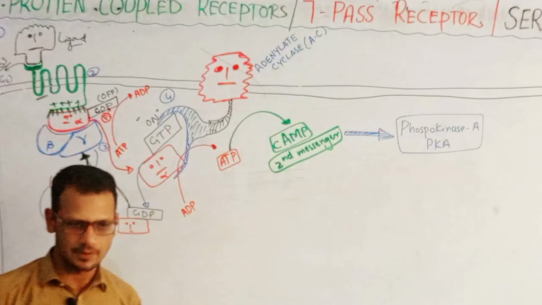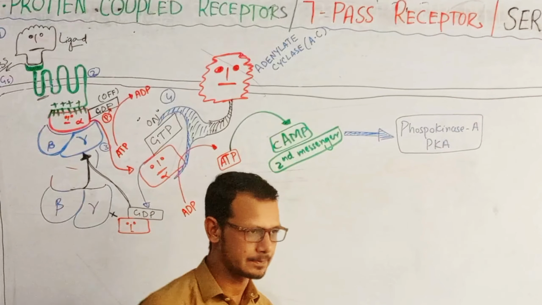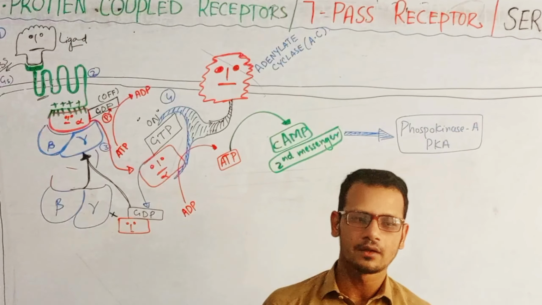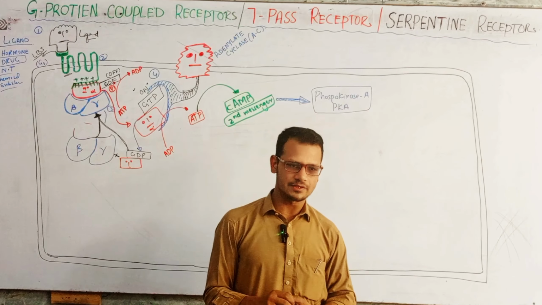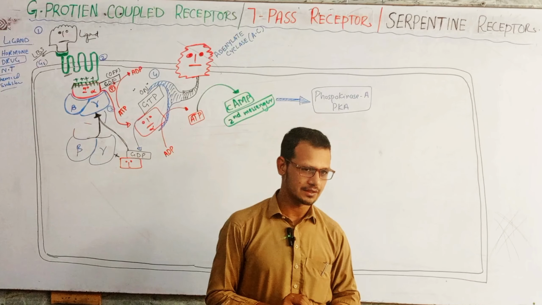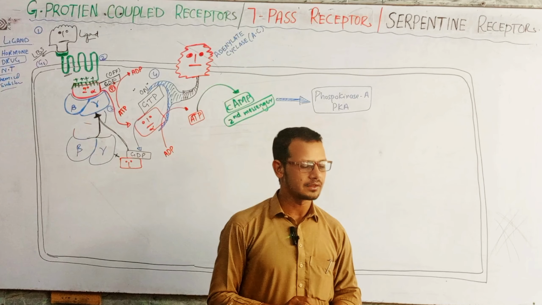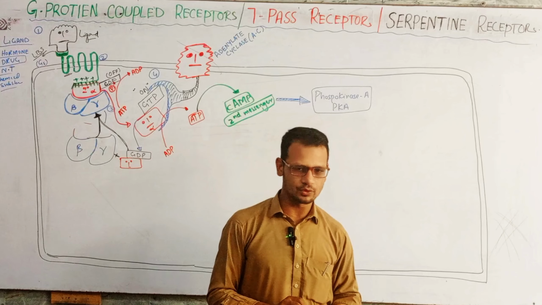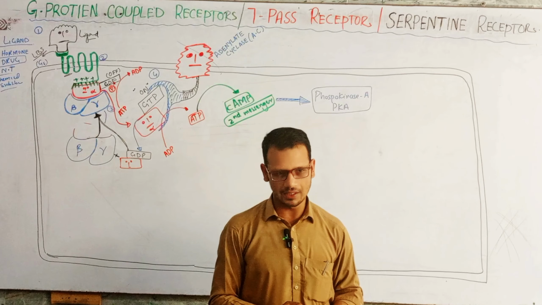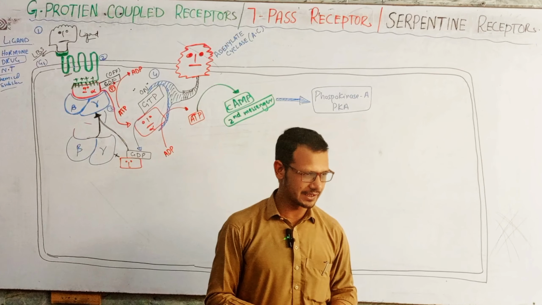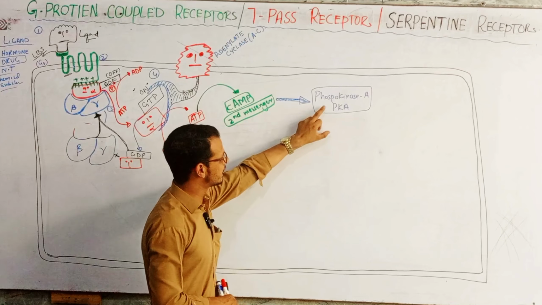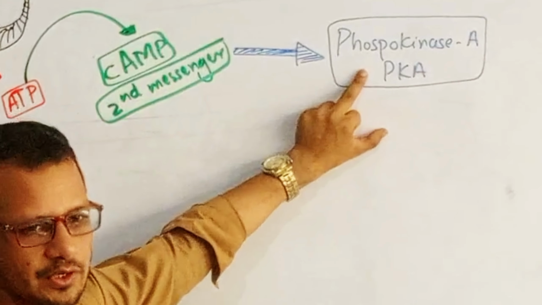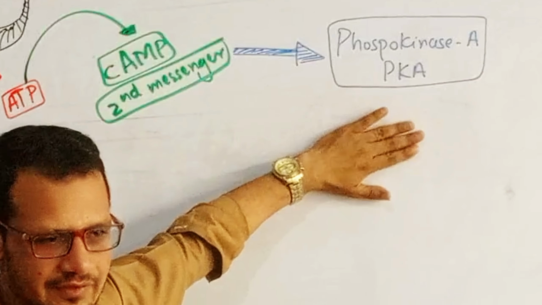What is a kinase enzyme? All the kinase enzymes are responsible for phosphorylation. The hexokinases, fructokinases, glucokinases are all responsible for phosphorylation. So this PKA is responsible for phosphorylation of many proteins inside the cell.